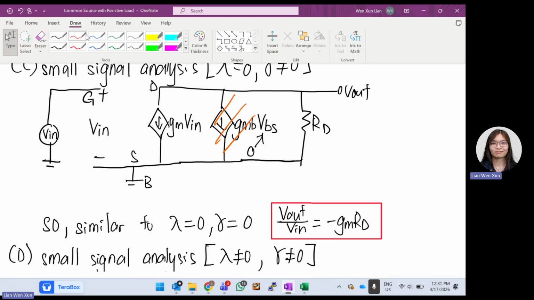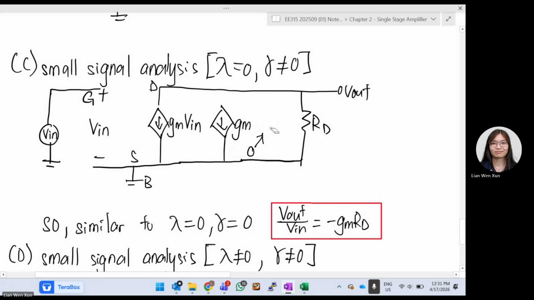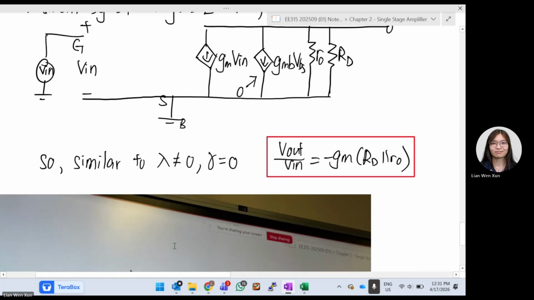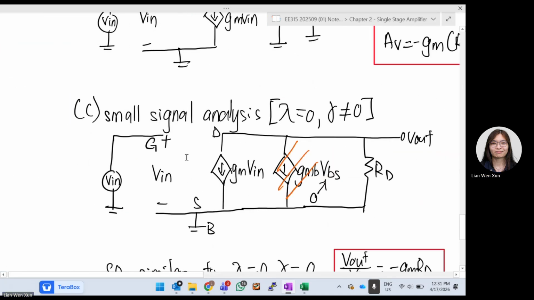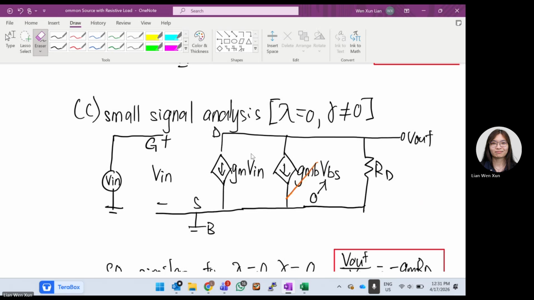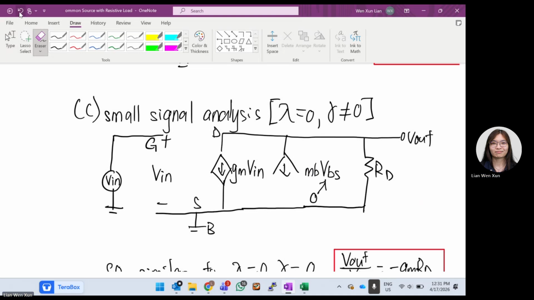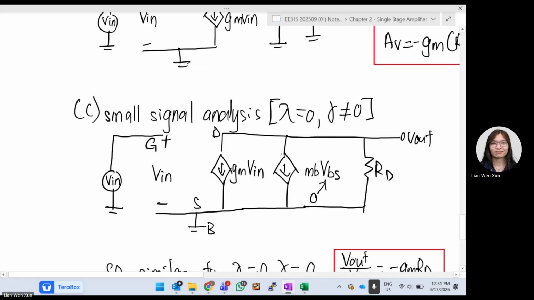Okay, initially we got GMB VBS, but we realized that this GMB VBS in the end still equals 0, so we ignore this term.